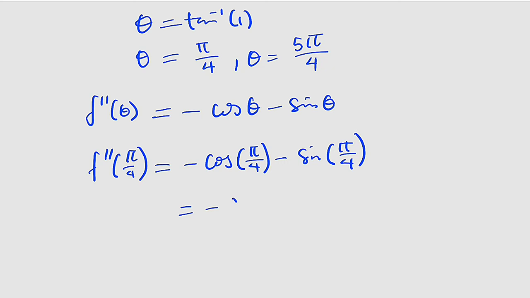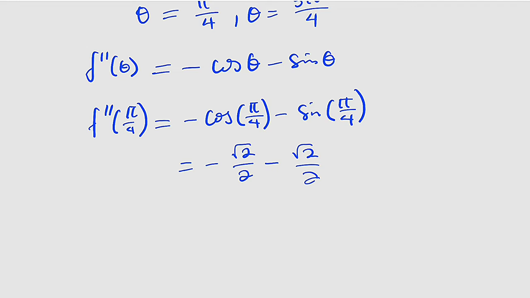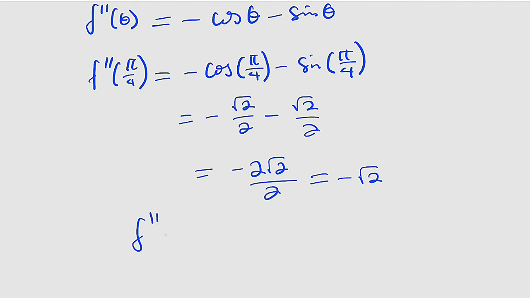So this is negative root 2 divided by 2 minus sine of pi divided by 4, which is also root 2 divided by 2. Since we have common denominators, we can add the numerators: negative 2 root 2 divided by 2. You can see that this is just negative root 2, and this is negative, which implies that f double prime of pi divided by 4 is less than 0, which means it is the maximum.